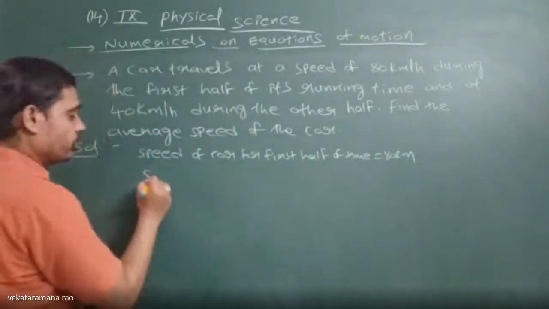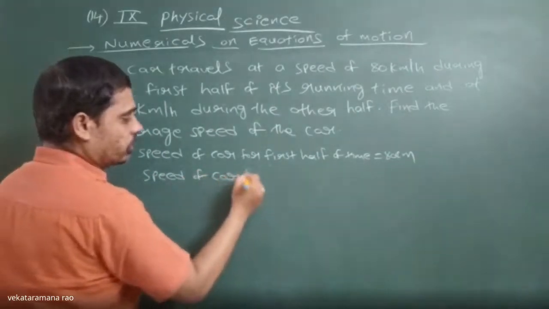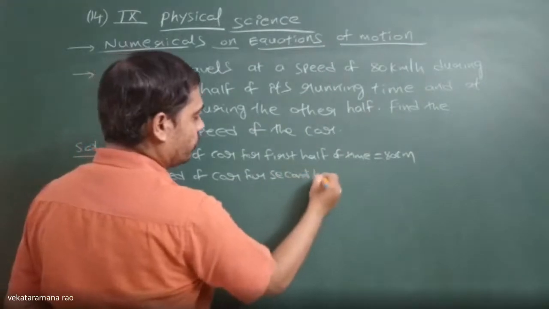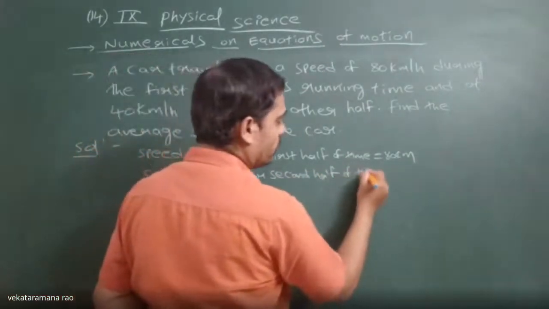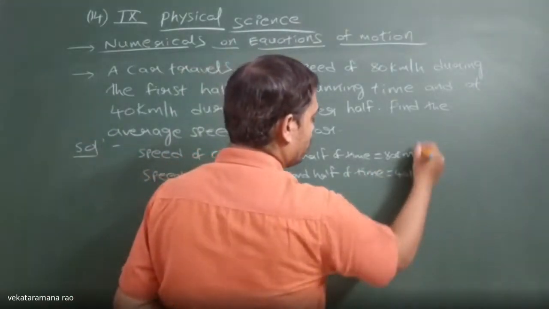Next, the speed of the car for the second half of the time, or the remaining half of the time, is 40 kilometers per hour.